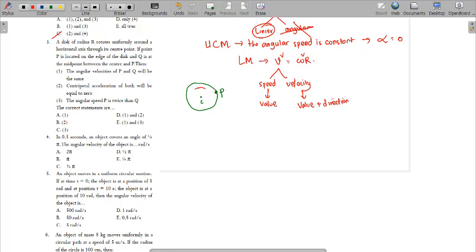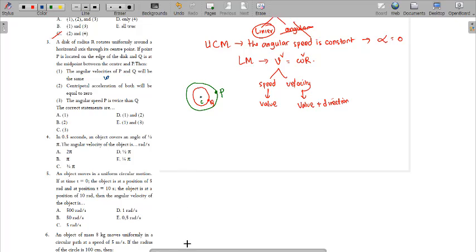So I will have Q in here. This is Q. Then, what's the answer? The angular velocity, omega, of P and Q will be the same, because P and Q are on one axle, or in Bahasa, satu poros.